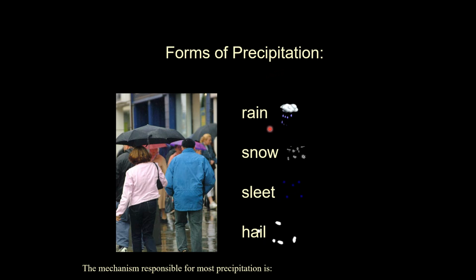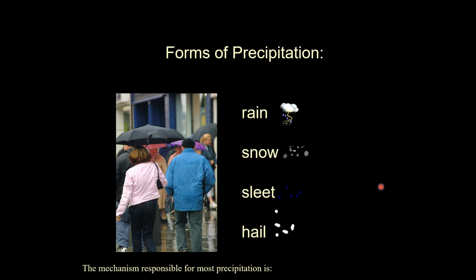This cycle, again and again, makes the ice crystal, the hail, bigger, and then it falls down. So those are the mechanisms of each of the precipitation types.